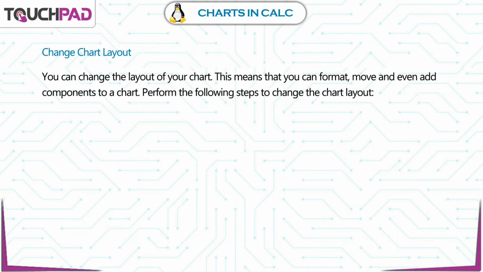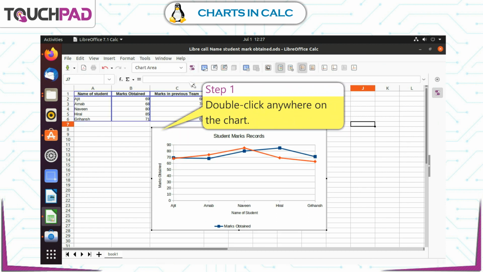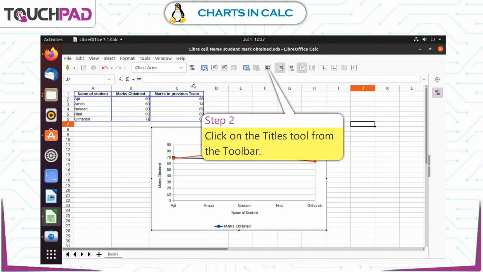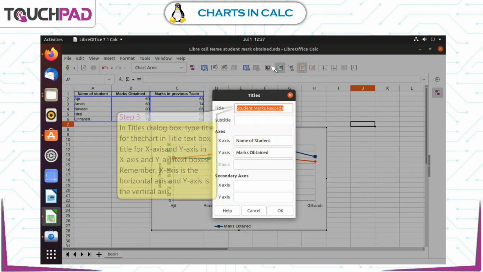Change chart layout. You can change the layout of your chart. This means that you can format, move, and even add components to a chart. Perform the following steps to change the chart layout. Step 1. Double-click anywhere on the chart. Step 2. Click on the Titles tool from the toolbar.